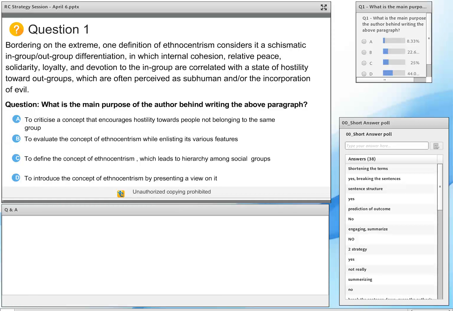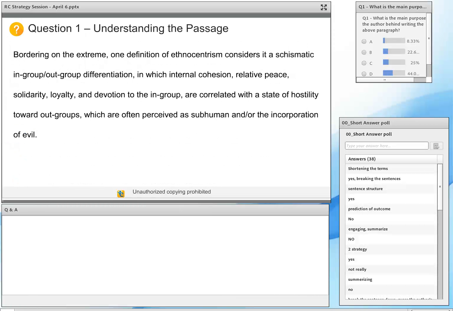Okay, sounds good. Now what we are going to do next is read the passage the way we recommend you read a passage. Whenever I read any passage, regardless of whether it's in the GMAT context or otherwise, I always break down the sentences in this manner.